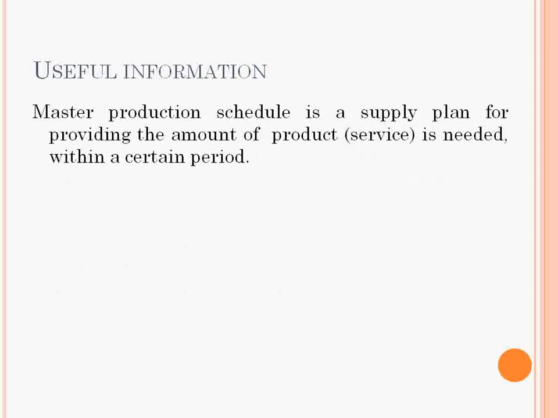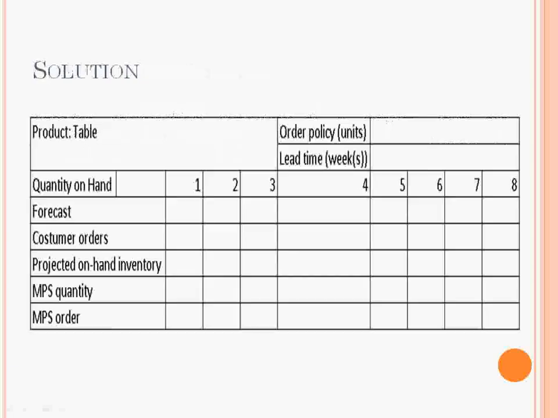Master production schedule is a supply plan for providing the amount of product needed within a certain period. So, it is a plan for bringing supply and demand together. Please note that timing is a really important factor in this case. Formally, master production plan is a table like the one you can see here.